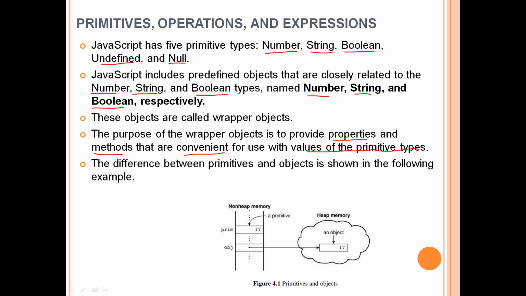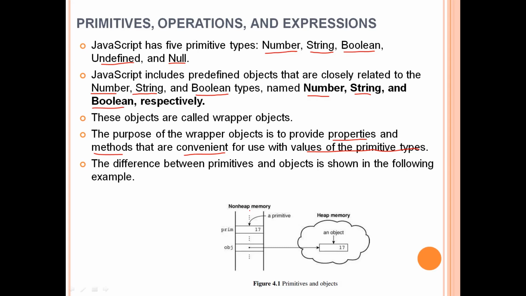Primitive variables are always stored in stack memory, that is, you can call it non-heap memory, whereas object types are always stored on the heap memory. Now stack, as you know, is a limited size of memory.